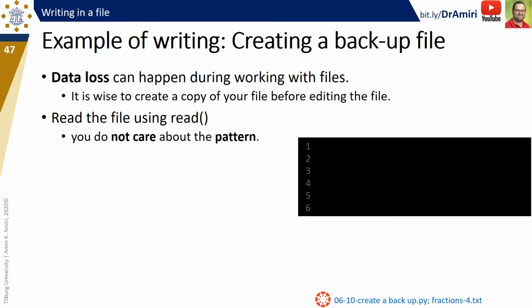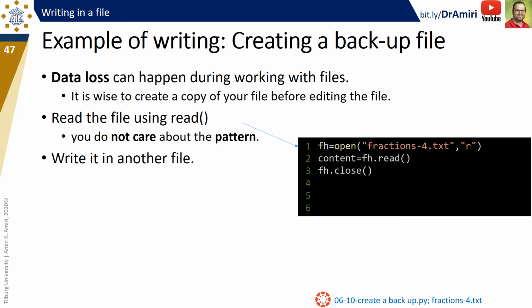What you need to do is to first read the file using the read method. Since you don't care about the pattern in the file, you just need to use the read method. And after that, you can write the content of the file in another file, which you can call a backup file.